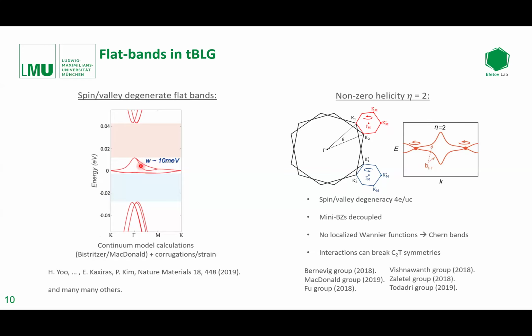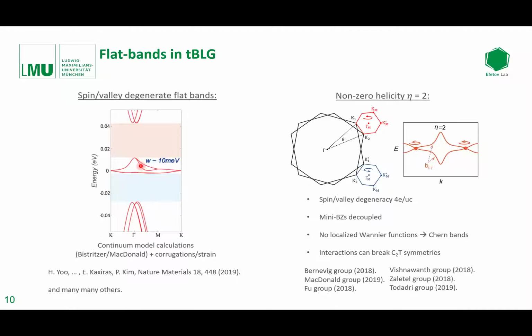So, okay, we have flat bands with very small Fermi velocity. But the second thing, which is also a main ingredient in the formation of twisted bilayer graphene bands, is that these bands are topologically non-trivial.